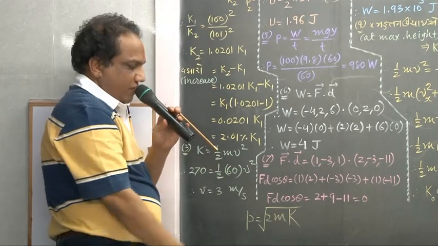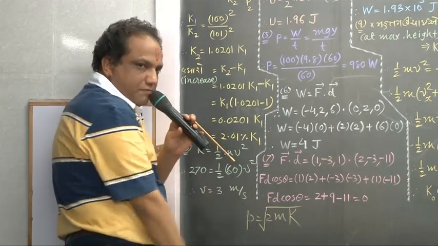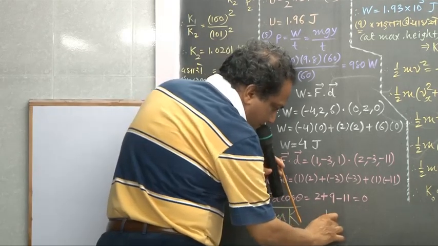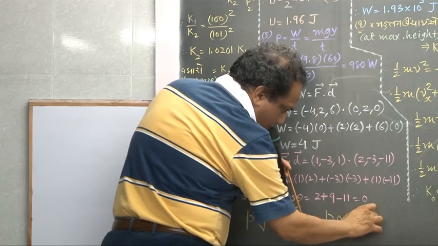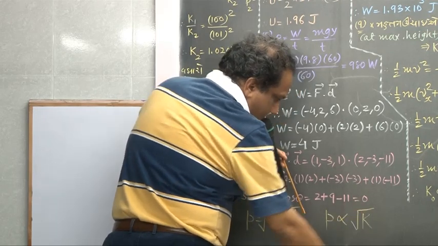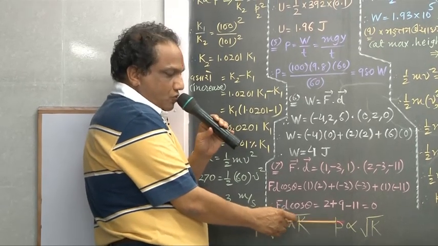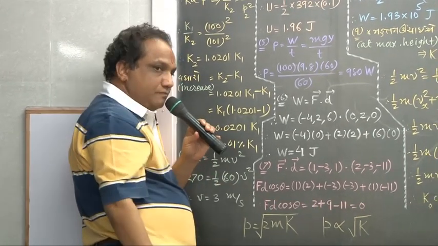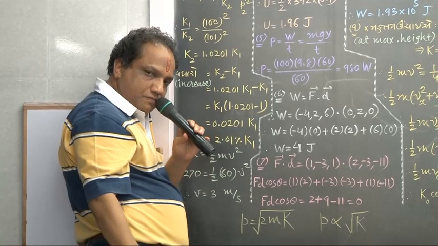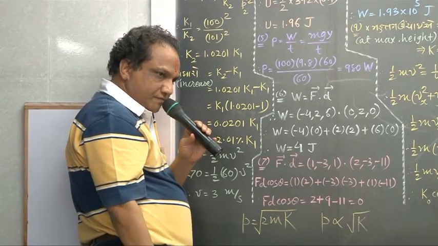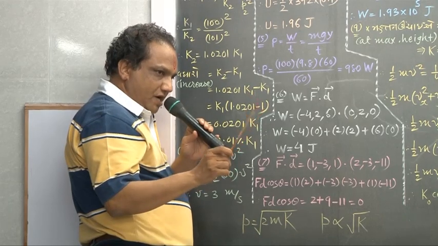Simple. For a given body, mass is constant. So P varies as under root of K. And now from here, can you write P1 upon P2 equals under root of K1 upon K2.